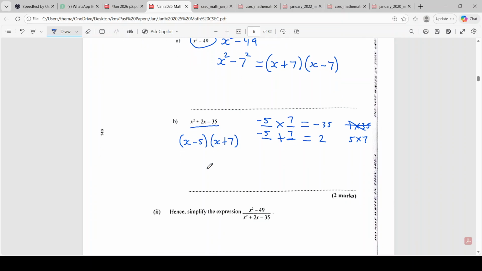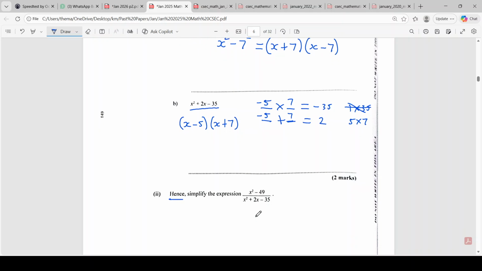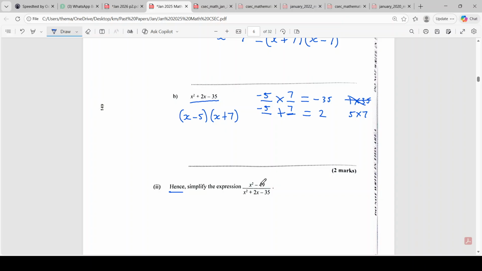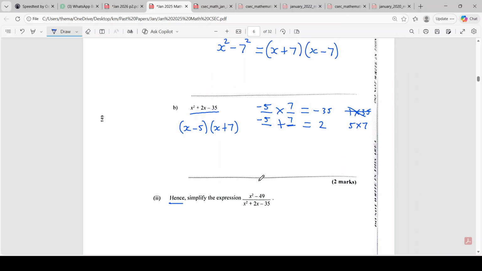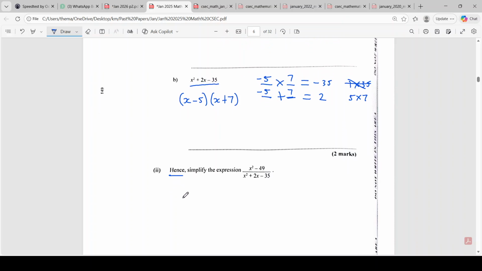Right, so hence simplify the expression. The reason they tell you to work it before and then use the word hence is that we're going to use what we have above to work this out. So they want to simplify x squared minus 49 over x squared plus 2x minus 35. We already factorized the top: that is x plus 7 by x minus 7.